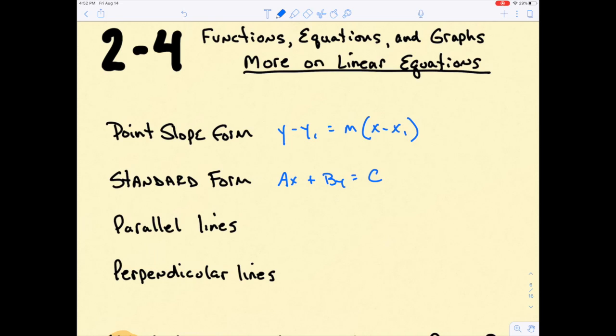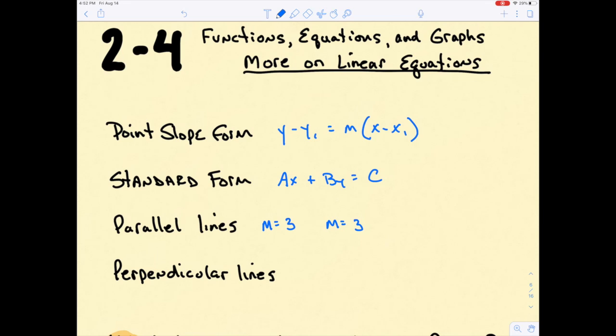With that said, parallel lines and perpendicular lines. I learned this cool thing. Parallel lines and perpendicular lines have slope things in common. Let's imagine that you have a line with a slope of 3, and you have a parallel line to it. It'll have a slope of 3 also. So if you see two slopes that are the same, that means those lines are parallel.